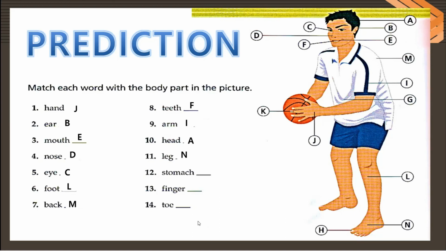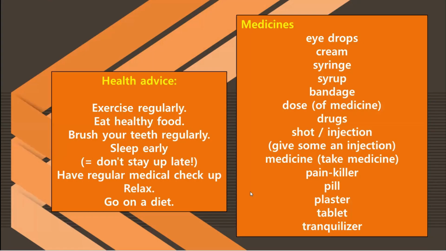Which one is a stomach? Stomach is on G. And then finger. The finger is K. And then the last 2 is H. Okay, now this is about our prediction for the picture and also the word on the part of a body. Okay, and now we come to the next slide.